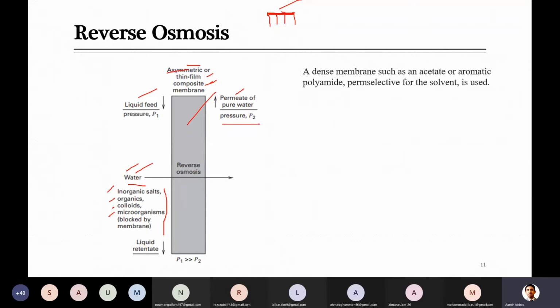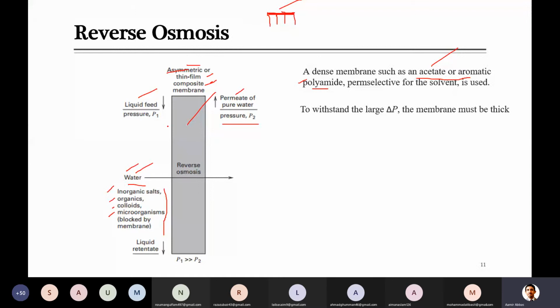The dense membrane can be some of the materials we studied earlier when we started with polymeric membranes. Maybe you remember some of the names. Acetate or polyamide membranes can be there, and they are selective for the solvent. It means they are selective for the water molecule, so they allow the water molecule to pass through.